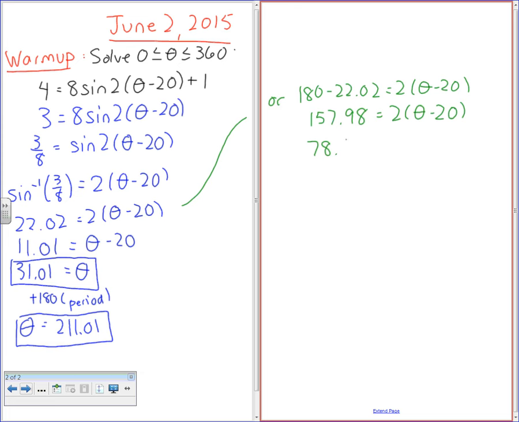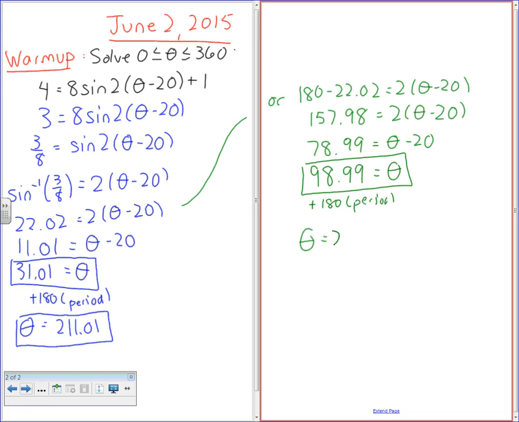Is it 49 or 99? Theta minus 20. 98. Oh, goodness. Tristan, I'm glad you volunteered. Thank you. Okay. Add that period. And that's 278.99, is that right? Okay, there we go. All right.